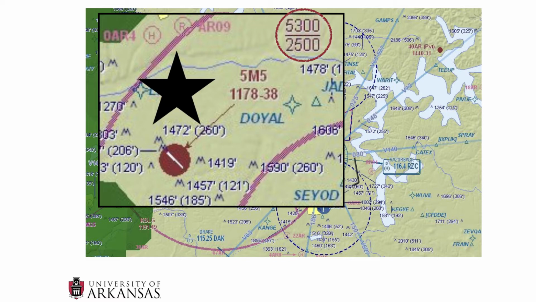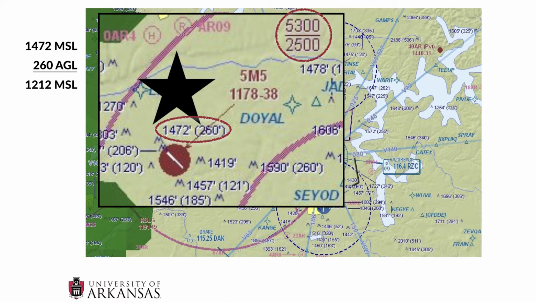We see the obstruction near the launch area by the star is about 1,472 feet MSL, with an annotation in parentheses of 260 feet AGL. By subtracting 260 from 1,472, this leaves us 1,212 feet MSL.